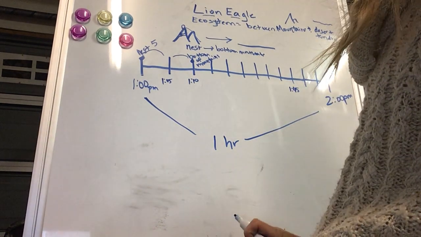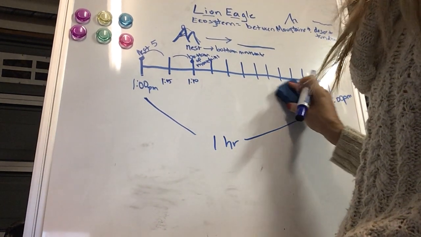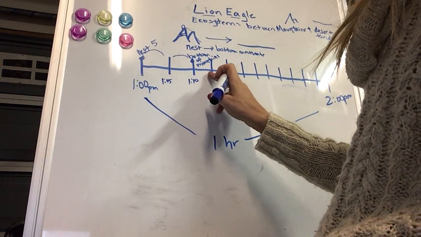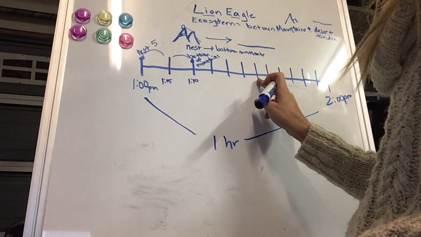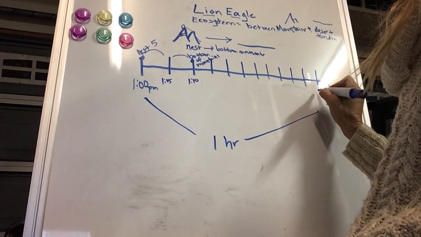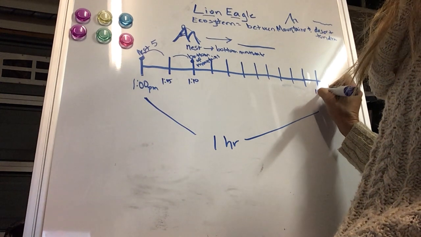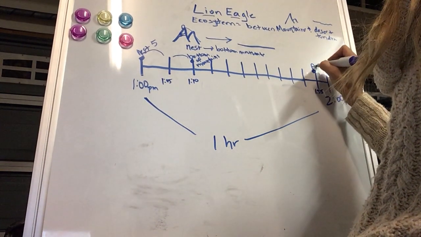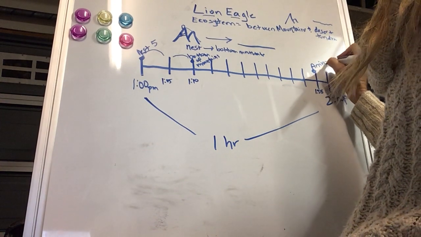Well, no, did I say 45 minutes? So that would be longer, because this is 1:10. So 5, 10, 15, 20, 25, 30, 35, 40, 45. So right here at 1:55 p.m., this is where she arrives at the desert.